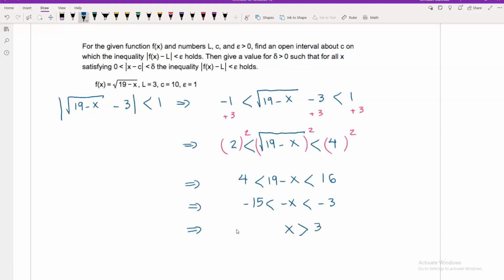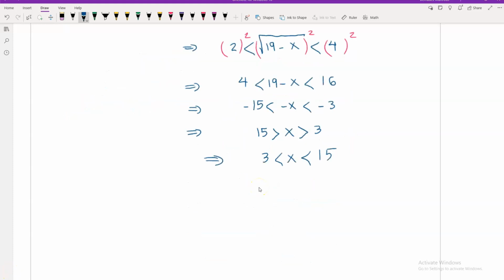And change the direction of inequality. So we can write this way, or x between 3, 15. So these two numbers, 3, 15, are the end point of our interval.